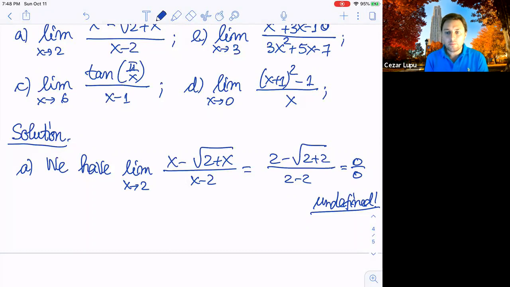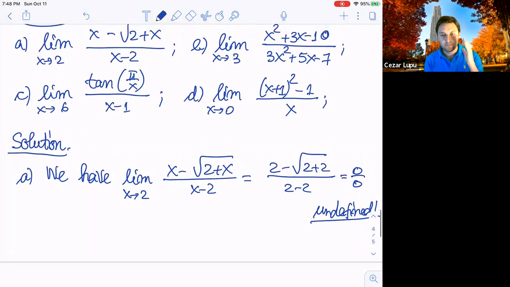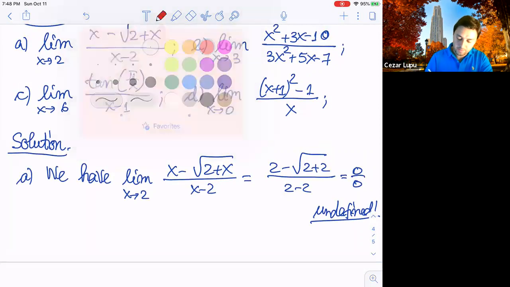Well, when you have radicals, there is this procedure that you learn in college algebra, which is called multiplying by the conjugate. And let me remind you of this.